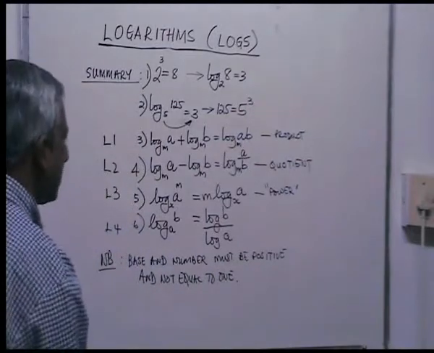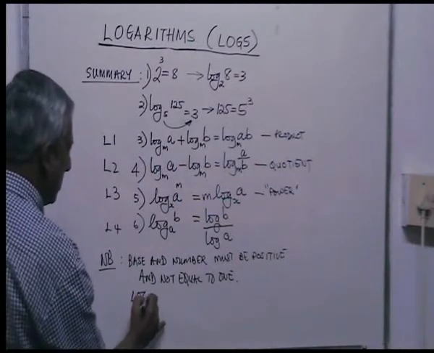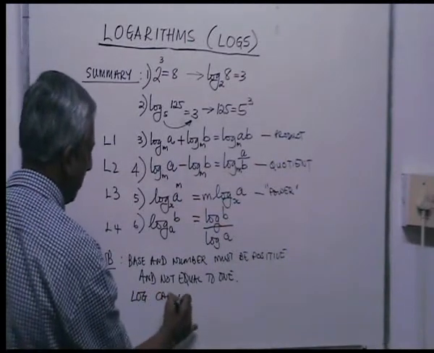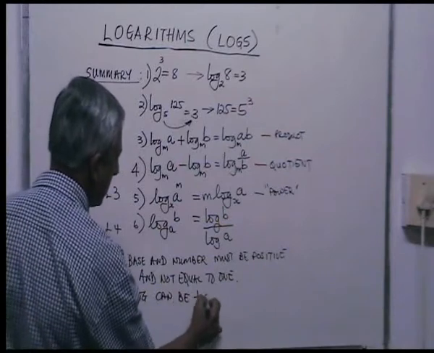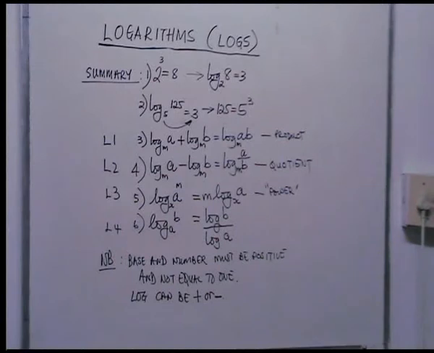Of course, the log itself can be positive or negative. The log itself can be positive or negative. But the base and the number must be positive. Positive means can be 5, can be 6, can be half, can be quarter. That's the meaning of positive. In other words, it can be whole numbers or fractions, but the base must not be equal to 1.